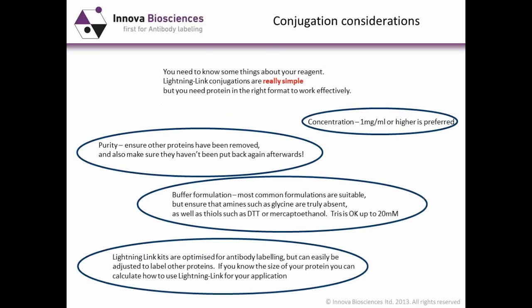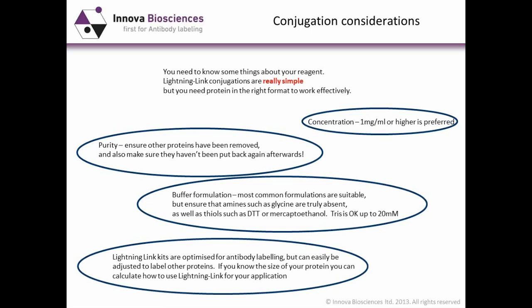If you're going to use LightningLink, there are just a few considerations that you need to think about. The main one, of course, is to remember that the kits are very, very simple to use, but you do need your antibody in the right format to work most effectively.